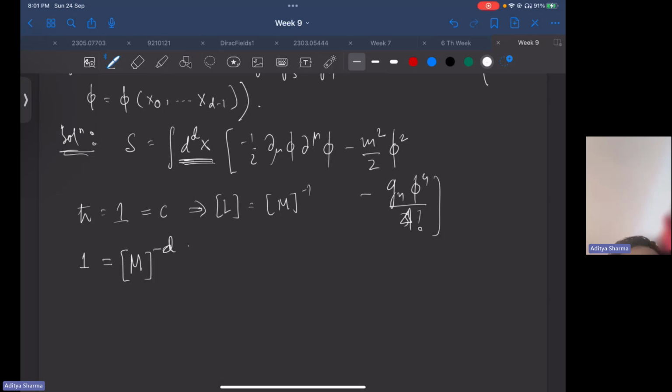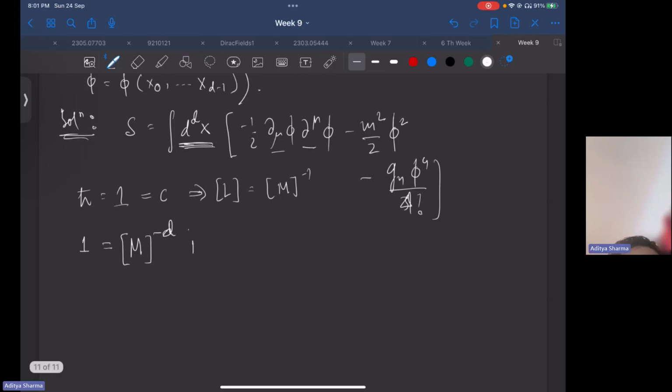And from the first term, we have mu, that is partial mu, and that is squared. So d by dx is L inverse, so we have that as m, and we have 2 of them, so we have m squared. And the dimension of phi, which I'm going to write as m to the power alpha.